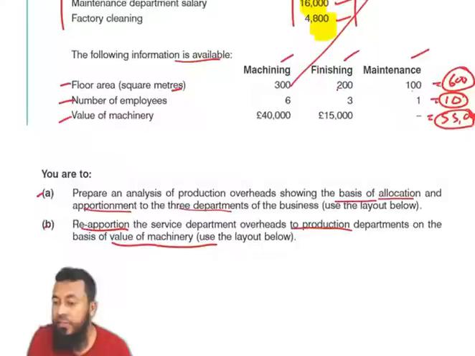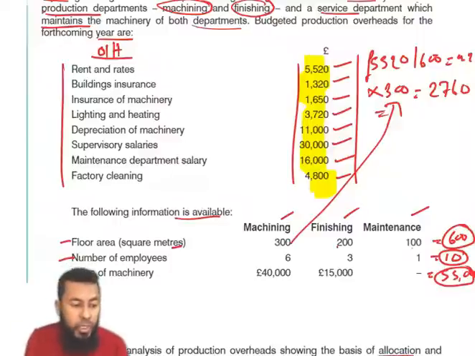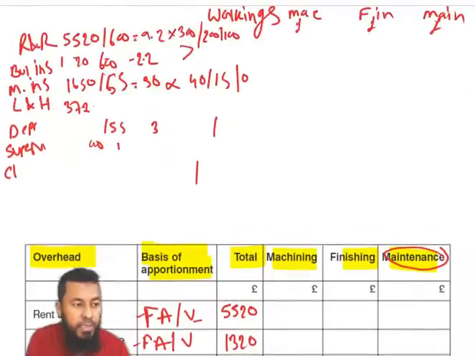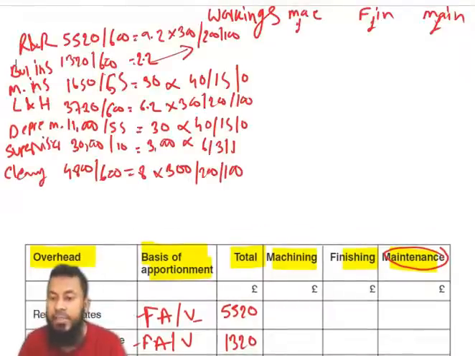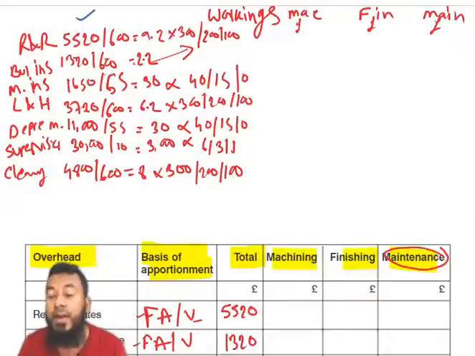So, you know guys, I put those figures into the next page, with the basis and how you do it. Just remember these figures, and let me take you to the workings. There are loads of workings I have done already for you, but still I need the calculator. So rent and rates total is 5,520, divided by 600 total square meter, 9.2 per square meter.